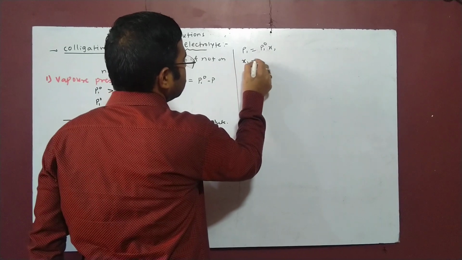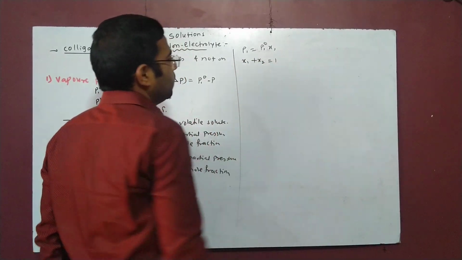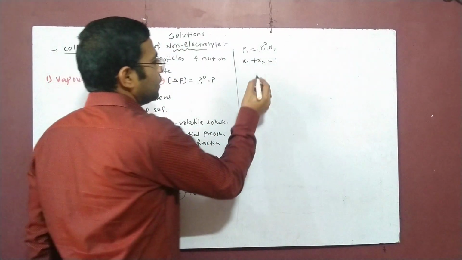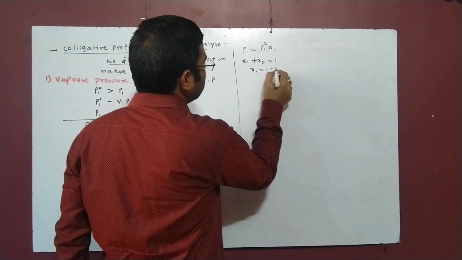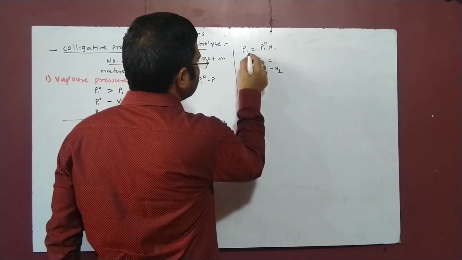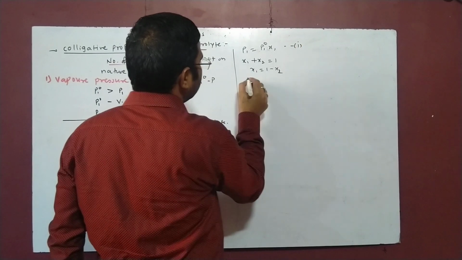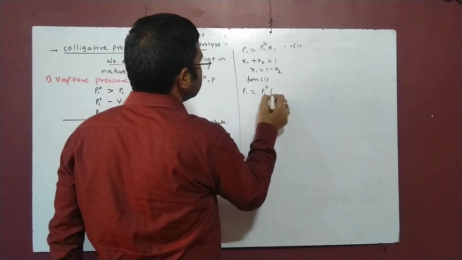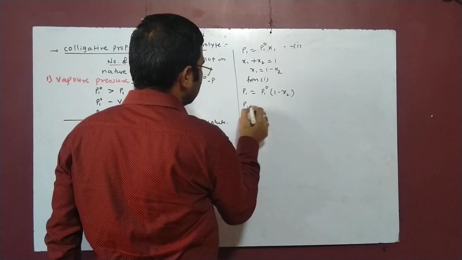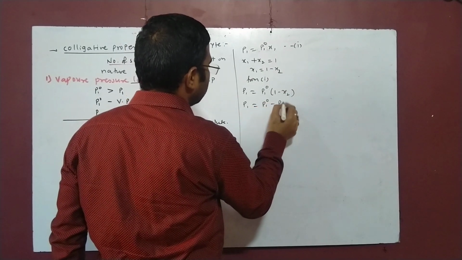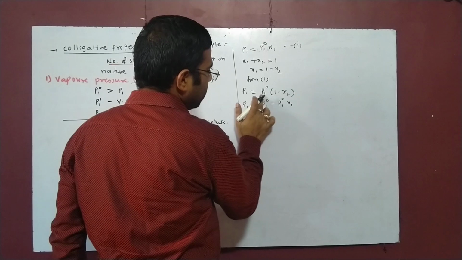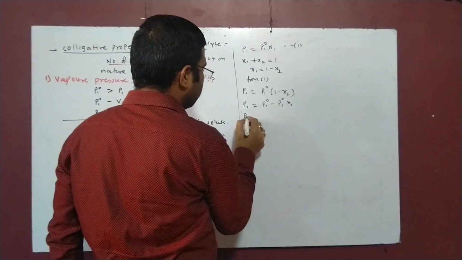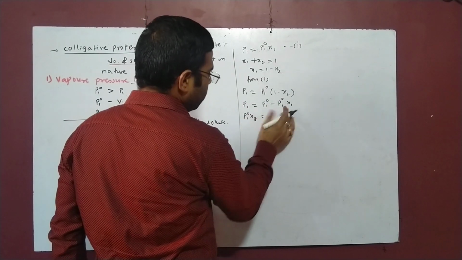And we have studied that X1 plus X2 is equal to 1. The sum of the mole fractions of solute and solvent is 1. So X1 is equal to 1 minus X2. So from equation 1, P1 is equal to P1⁰ (1 minus X2). Multiplying P1⁰ with this bracket, we get P1⁰ minus P1⁰ X2.